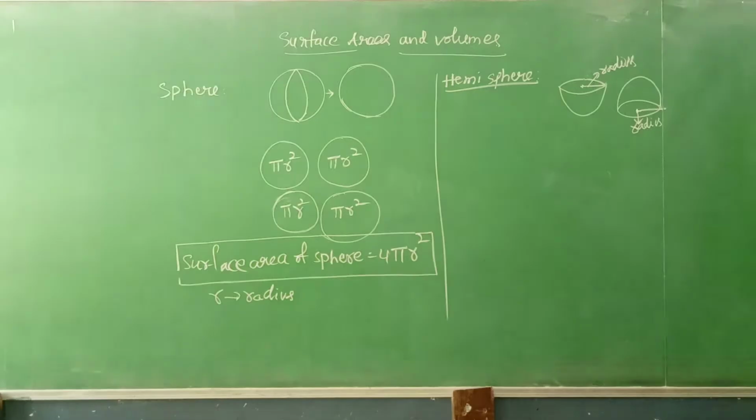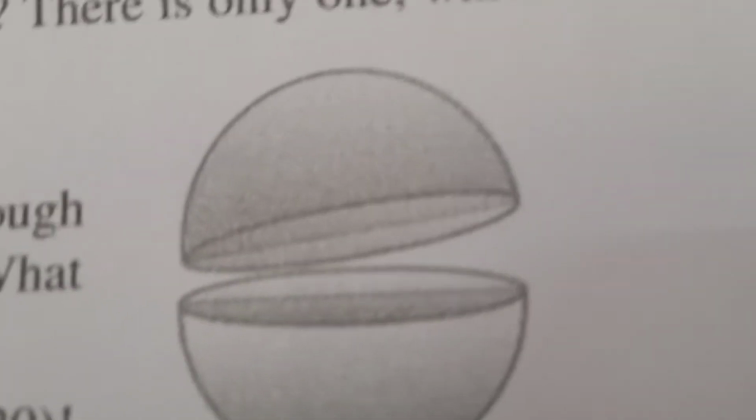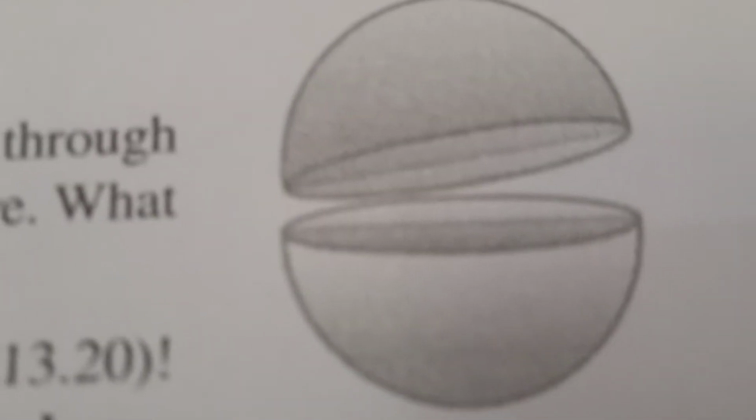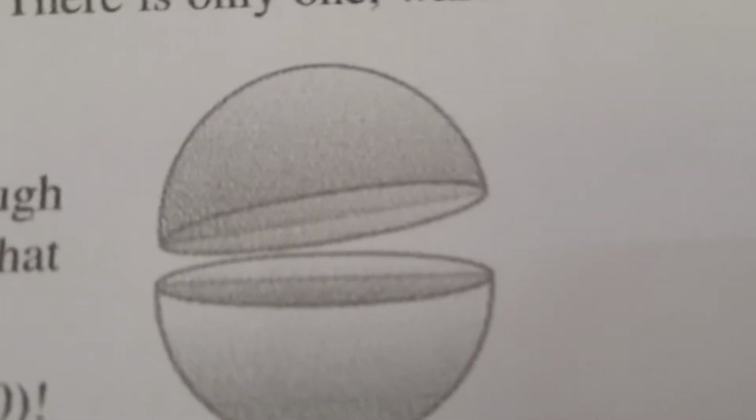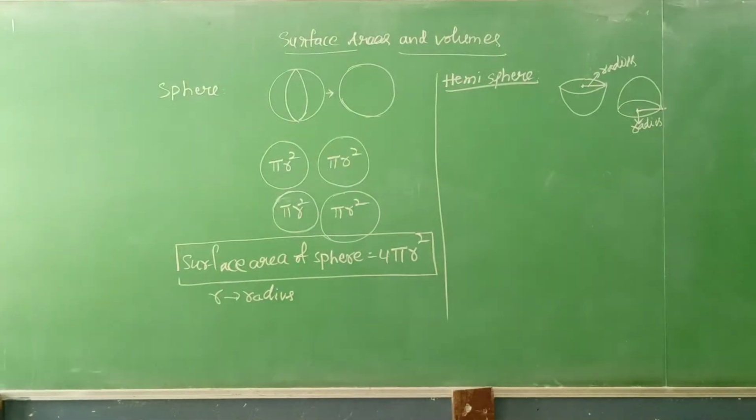Now when it comes to the hemisphere, you see here a hemispherical shape, exactly two halves, the upper part and the lower part, two hemispheres, halves of the sphere. Surface area we have in this.